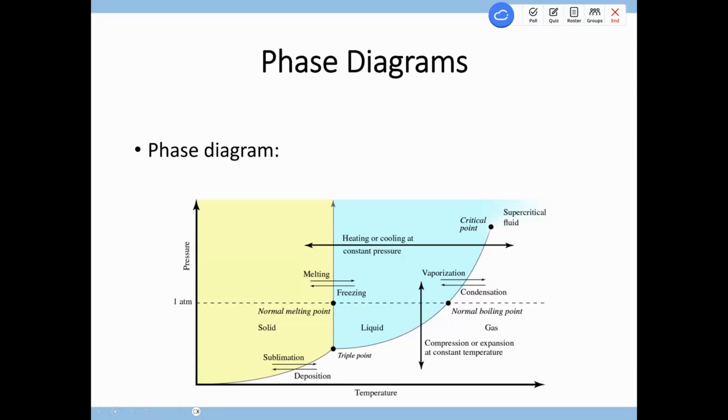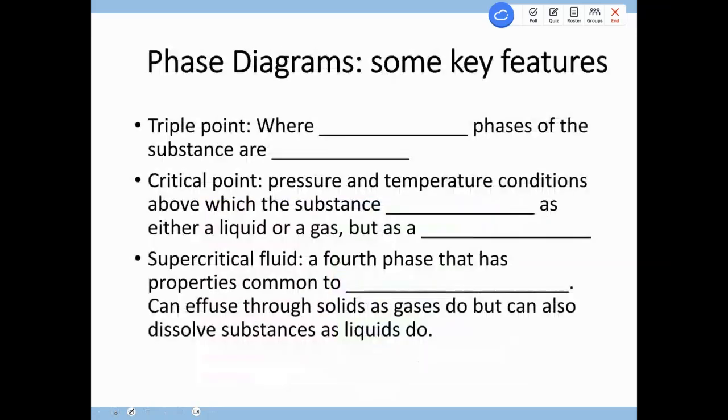But phase diagrams with more detailed information do exist for different substances. So the triple point, this slide points out some key features. Triple point is where all 3 phases of the substance are at equilibrium.